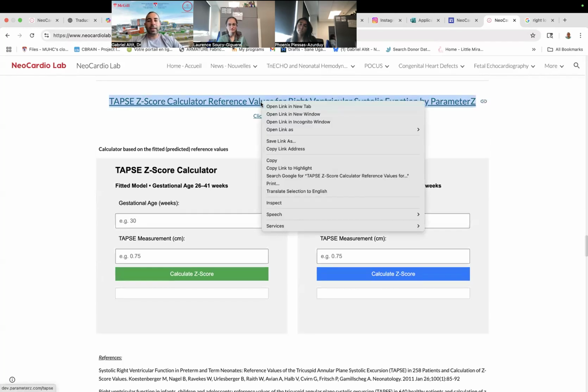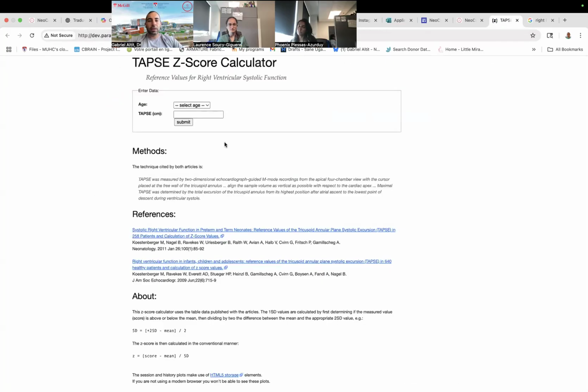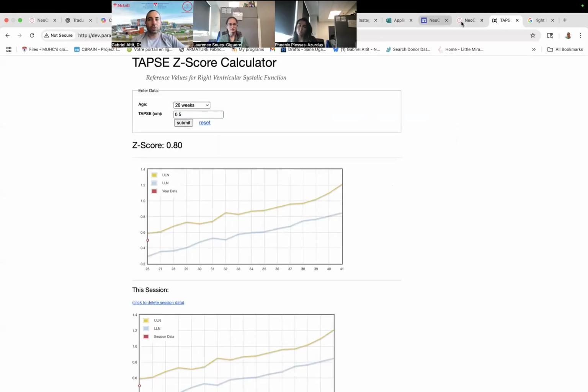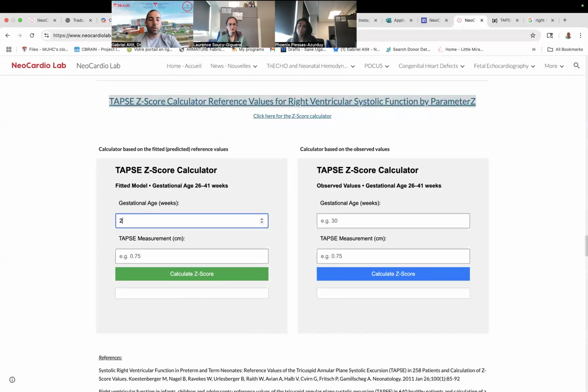So the parameter Z also has a nice calculator, okay? If I put, for example, 0.5, you get a Z score of 0.8. If you put here 26, and unfortunately it's only up to 26 weeks because they didn't include these tiny babies. That will be an interesting thing. We can look at our cohort of patients that we included, like 22, 23, 24 weekers.